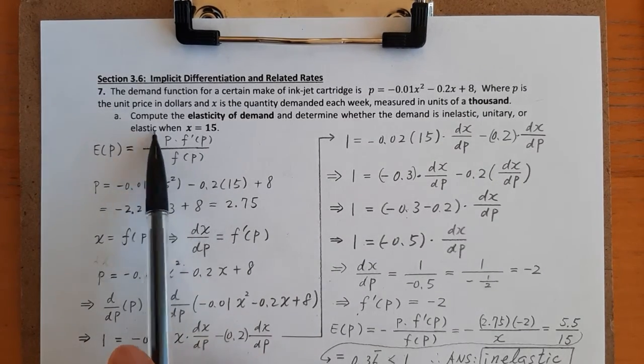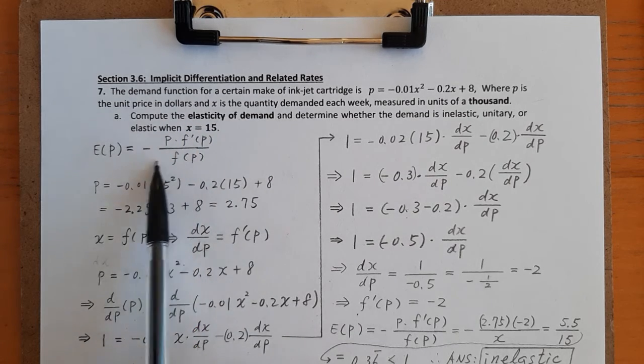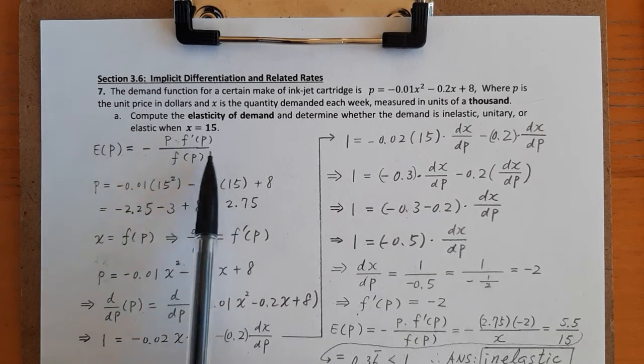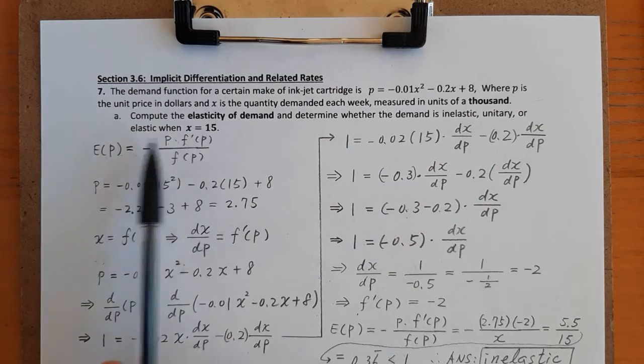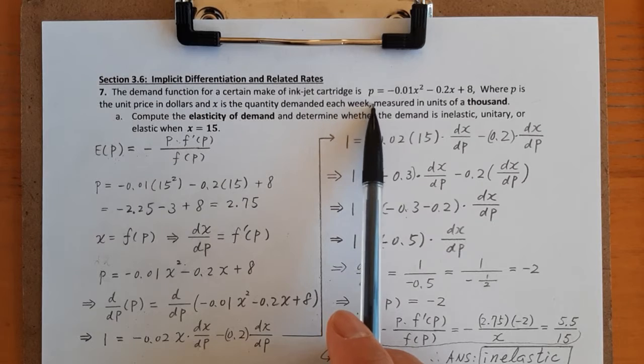And part a: compute the elasticity of demand, which is E of P equals negative P times f prime of P over f of P. That's the elasticity of demand function in terms of price.